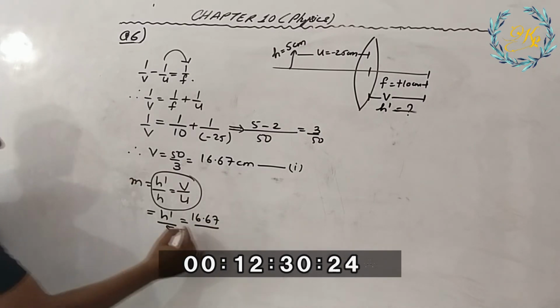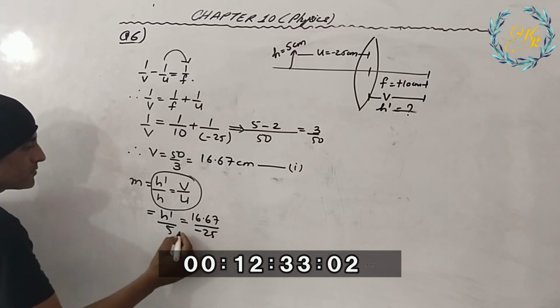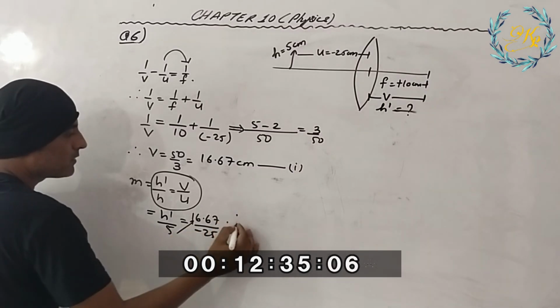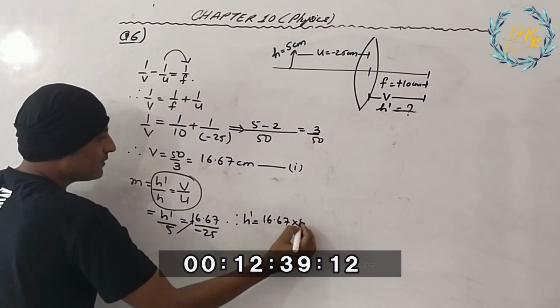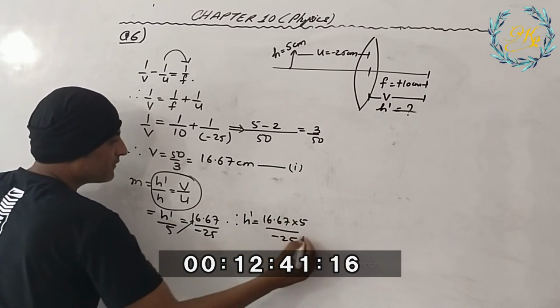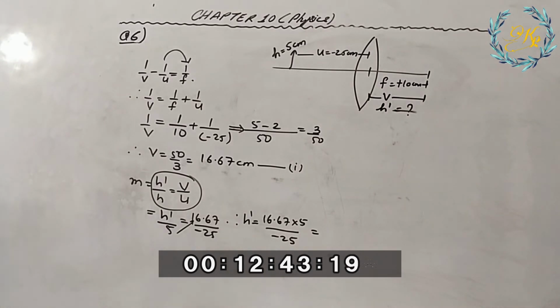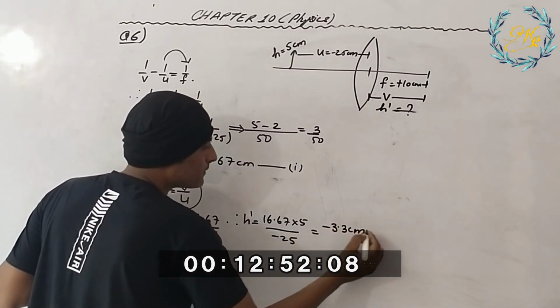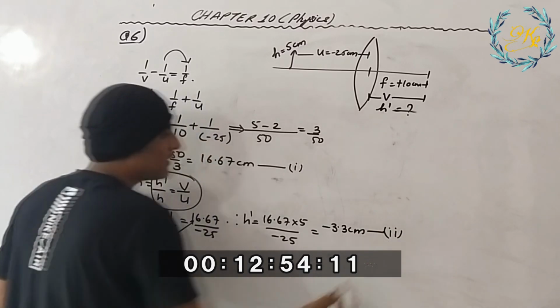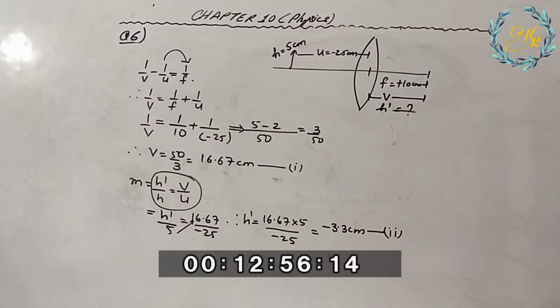Object distance is minus 25. So cross multiplying the values, we get h dash is equal to 16.67 into 5 upon minus 25. Solving this further, we will get the answer as minus 3.3 centimeter. This is the value for the height of the image.